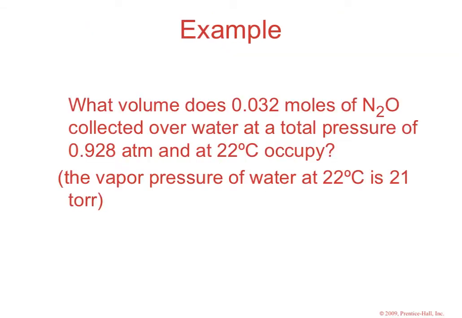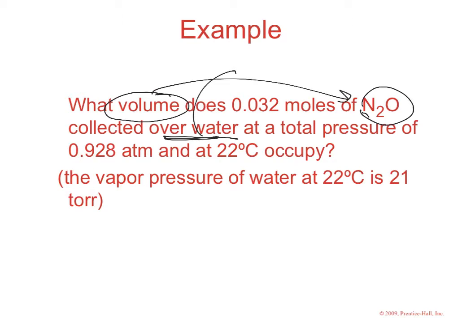So let's work a complete example here. We collected dinitrogen monoxide over water. So that's your signal that you've got to use Dalton's law. And we're looking for the volume that just the dinitrogen monoxide occupies, okay?